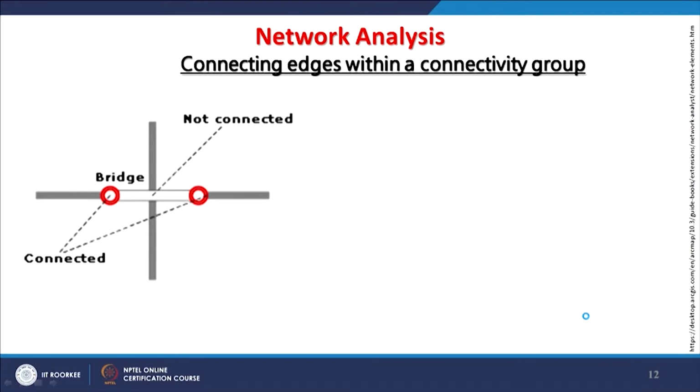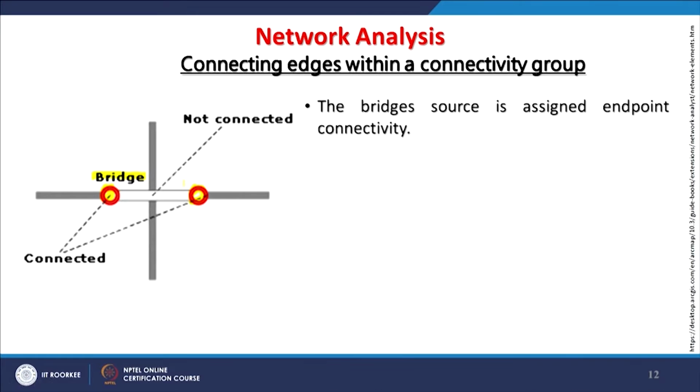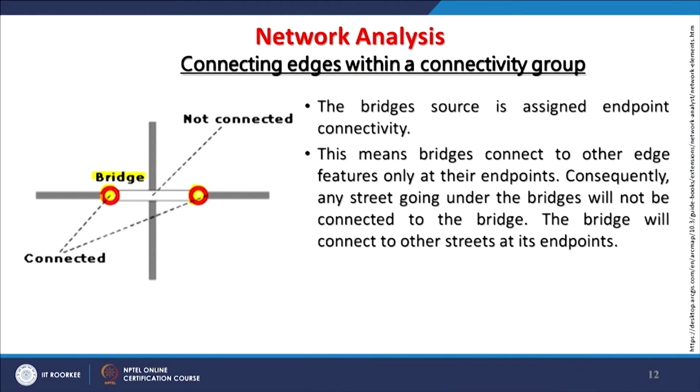Now, the example given here is about a bridge, and there is another bridge here, but between these two bridges there is no connection. So, then there will be a problem. The bridge's source is assigned endpoint connectivity, and these create an endpoint here, which means that bridges connect to other edge features.